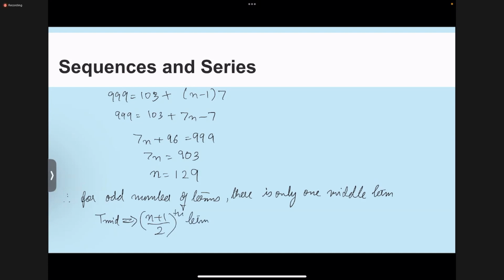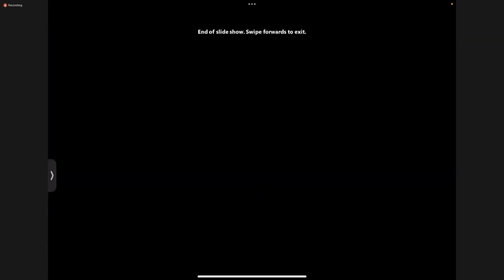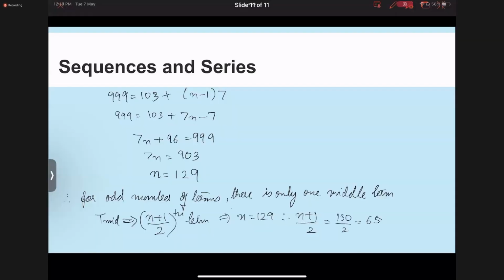Over here n is 129, so therefore (n plus 1) by 2 is 130 by 2, which is 65. Okay, so your 65th term is the middle term.